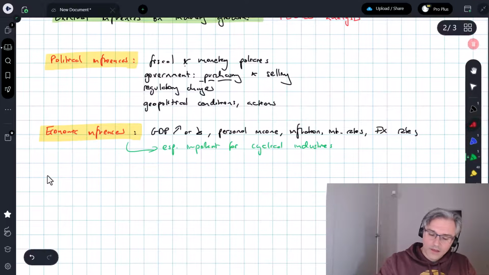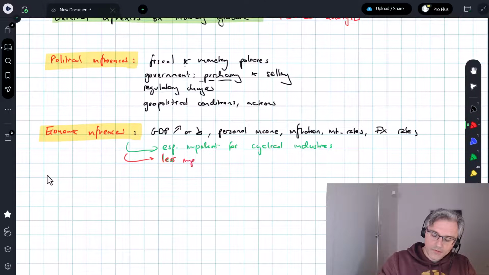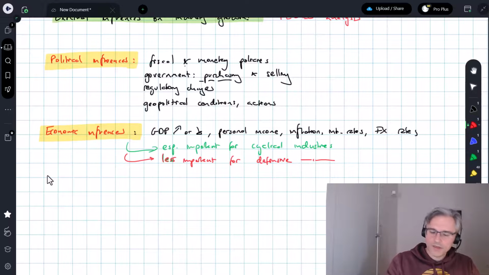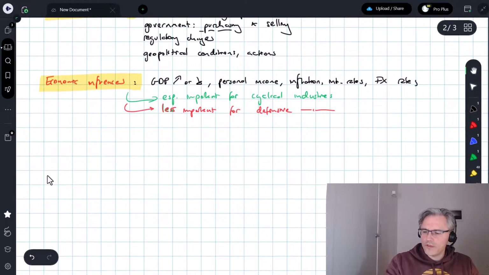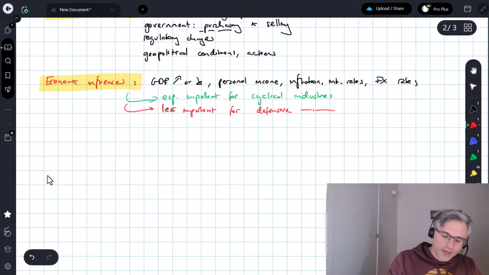And of course, maybe less important, nevertheless still quite important, but less important for the so-called defensive sectors or defensive industries. Right, I've discussed this before, so I'm not going to do it again.